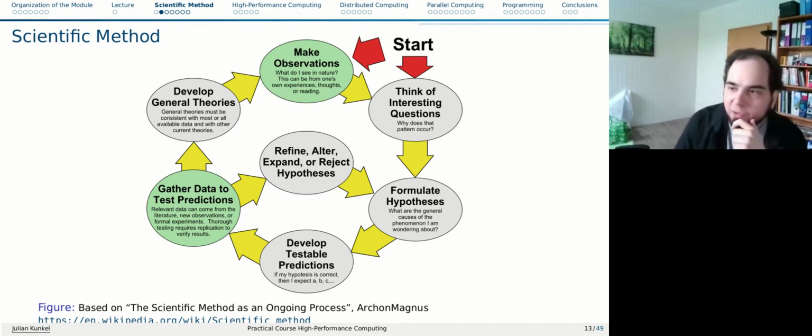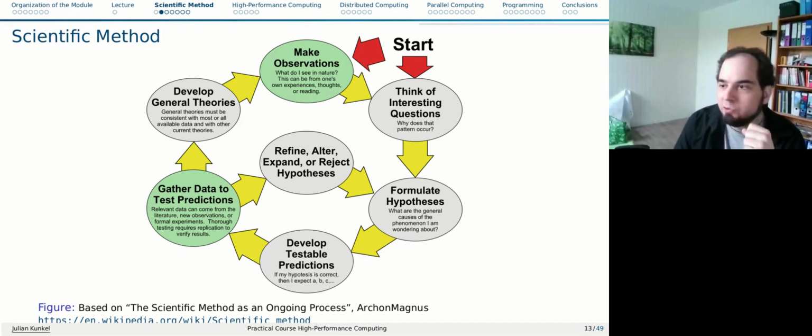Therefore, we have to talk a little bit about the scientific method. What is the scientific method? It's the method for how we do science generally. Typically, we either make an observation that is really interesting, or we think of an interesting question. From that, we formulate a hypothesis, and then we develop testable predictions. Then we gather data to test the predictions.